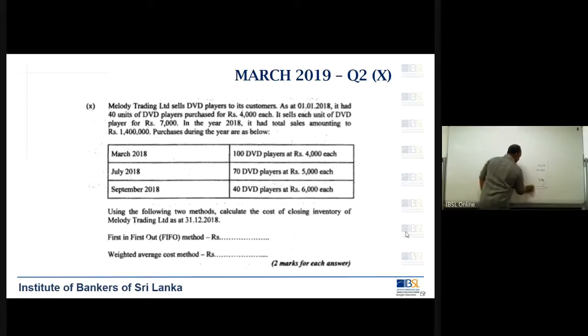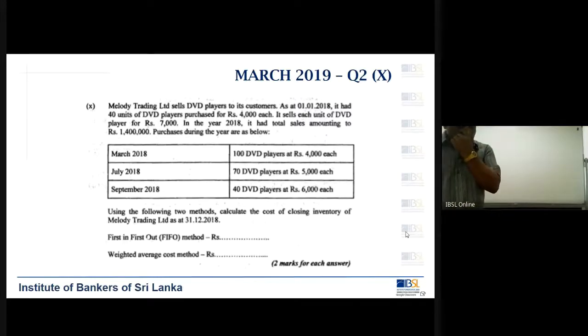So we started fresh. But here they have an opening balance. So the opening balance is 40 units of DVD players purchased for rupees 4,000 each. It sells each unit for rupees 7,000. That is their selling price.